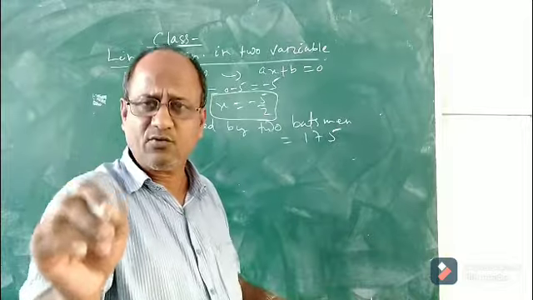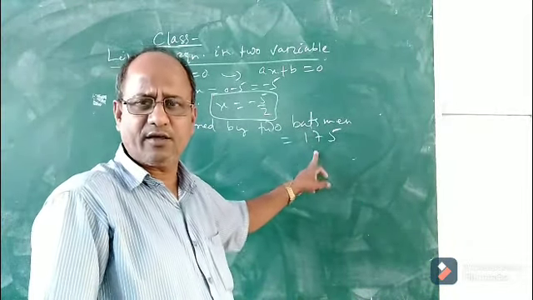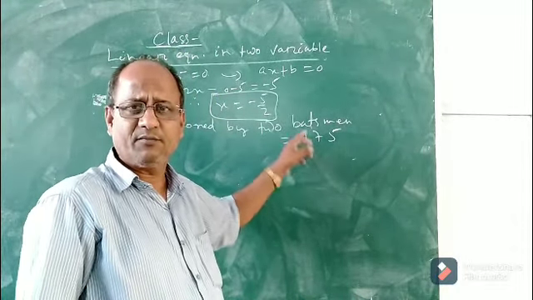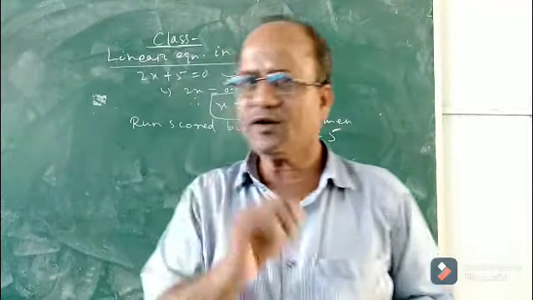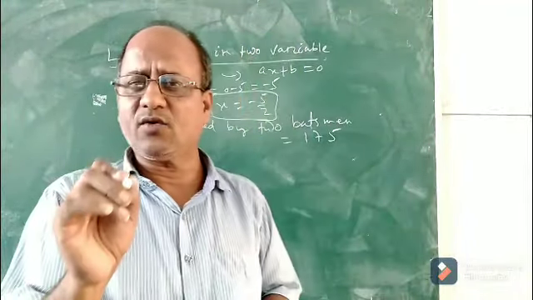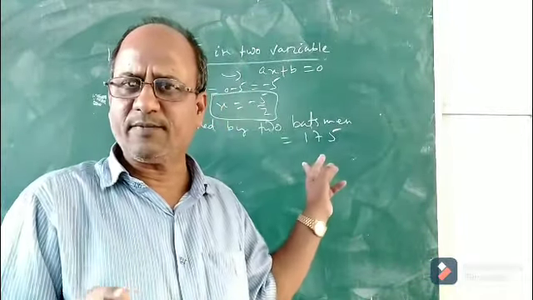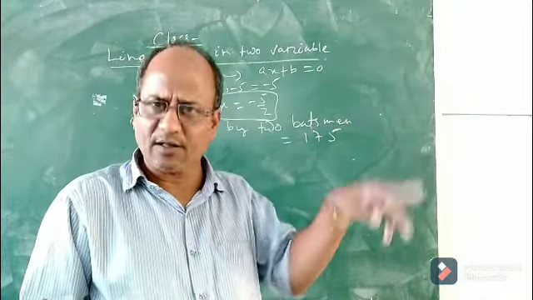Combiningly they scored this much run. Now if you are asked to represent this information by means of an equation, how will you represent? Children, here we do not know the individual runs scored by the two batsmen, how many runs the first batsman scored and how many runs the other batsman scored.